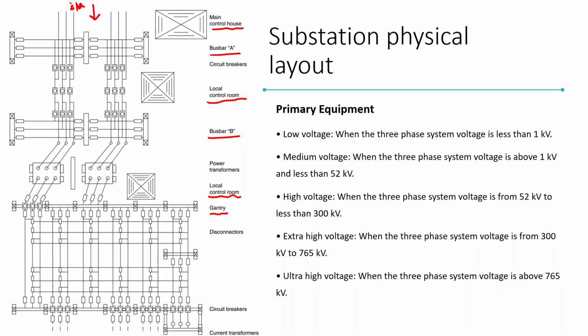So during this lecture we will talk about substation automation, which includes the monitoring and control of the substation, right? As you can see here, these monitoring and controls are done at different levels. You have local control rooms and main control rooms, and different equipments used for this control and monitoring.